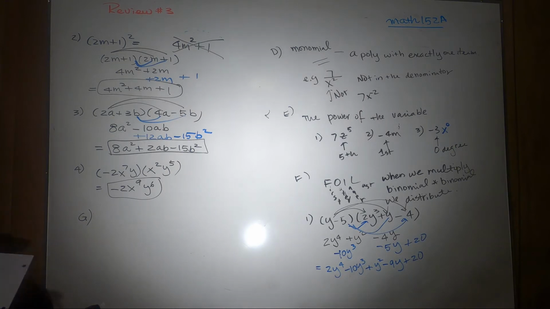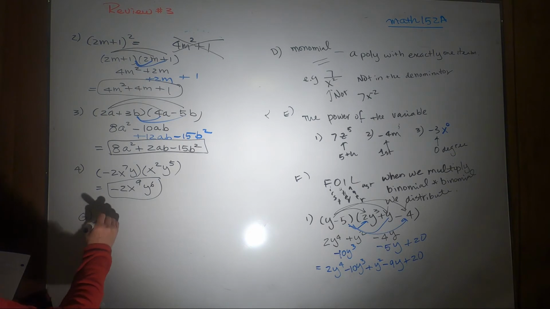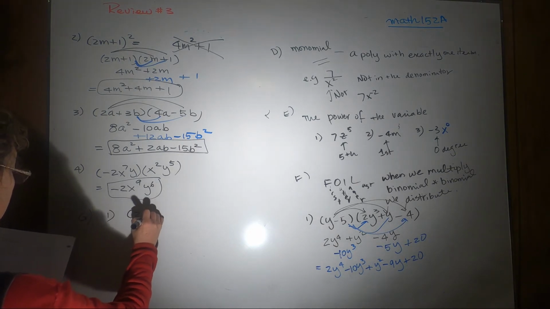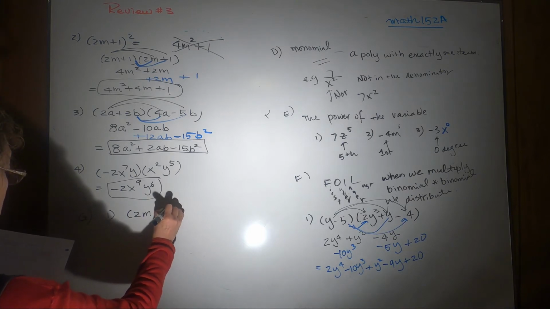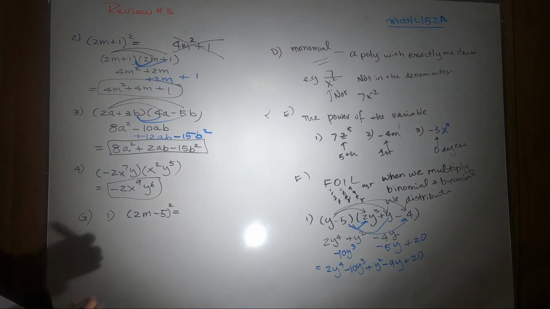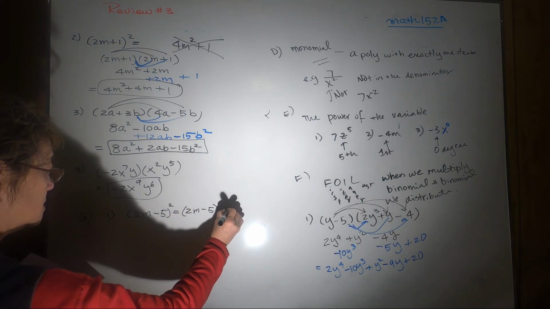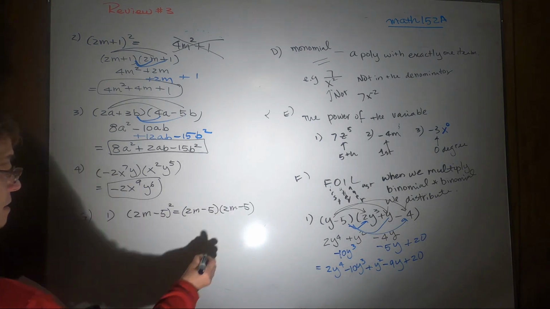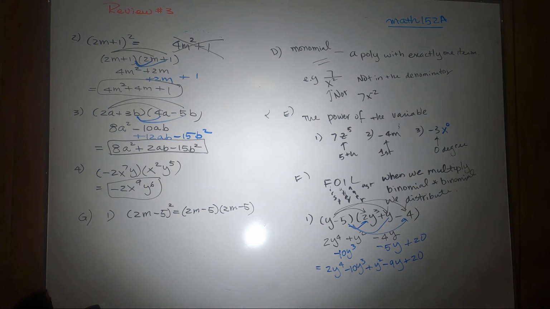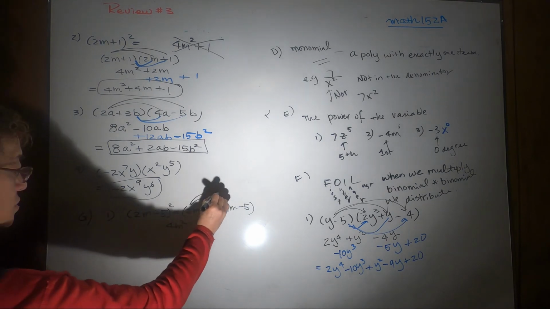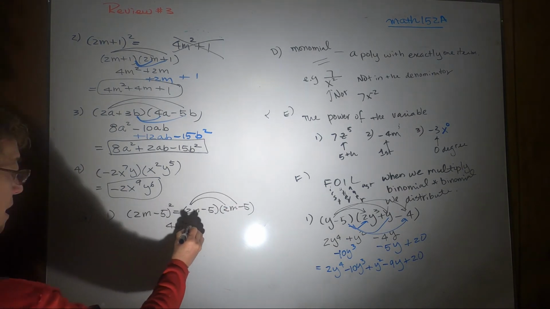The difficult one only, what do we have here for polynomials? That would be division, right? Long division. You might have some difficulties. Okay, if this one means it multiplies itself twice, then you do your rainbow things. 2m times 2m is what? 4m squared, right? 2m times -5 is what?